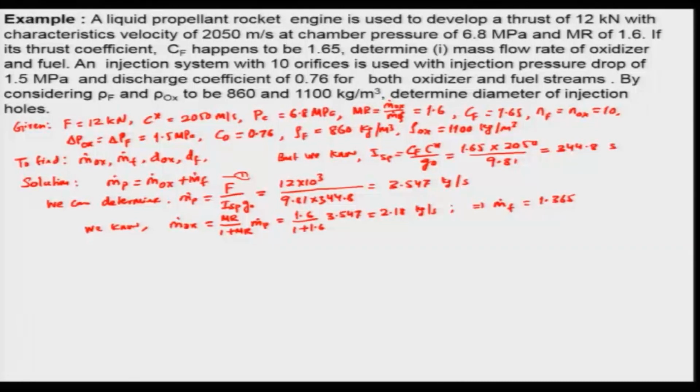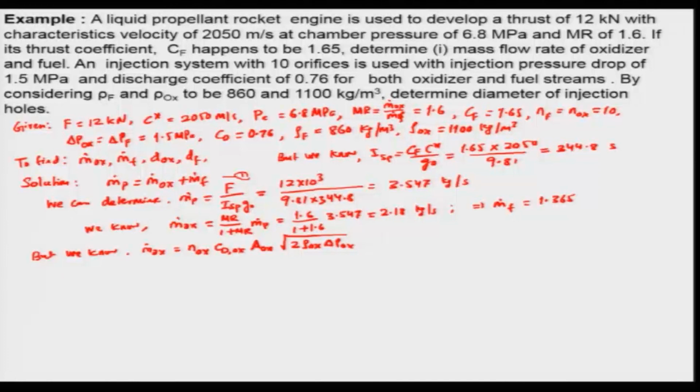And now we will have to find the diameter of the oxidizer orifice, but we know m dot oxidizer is nothing but number of oxidizer orifices, C d of oxidizer, and A of oxidizer, and root over 2 rho of oxidizer delta P oxidizer.